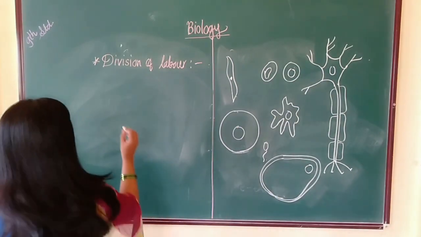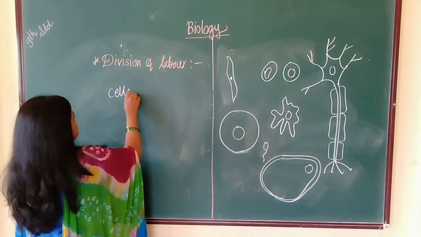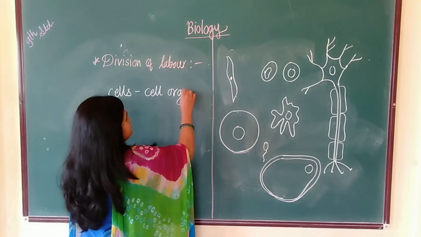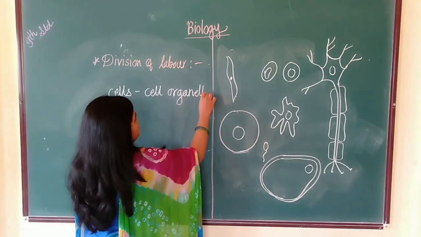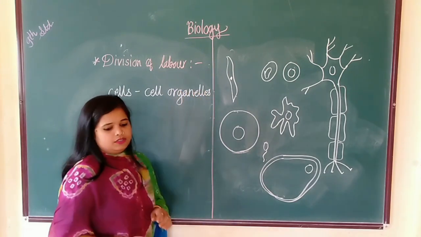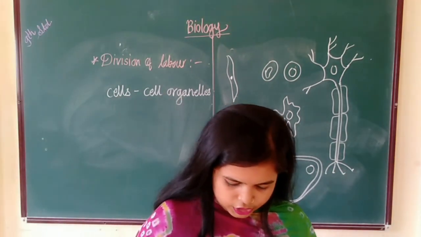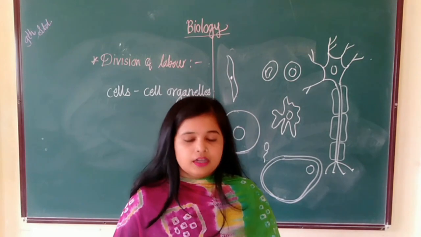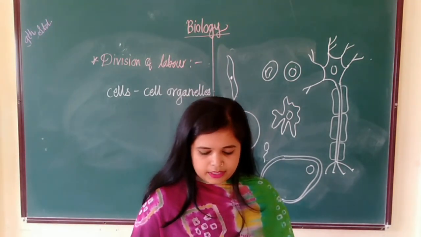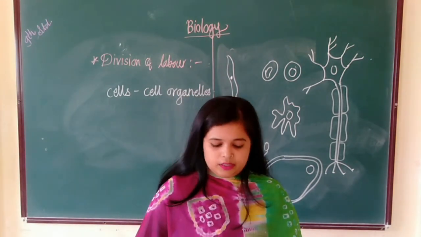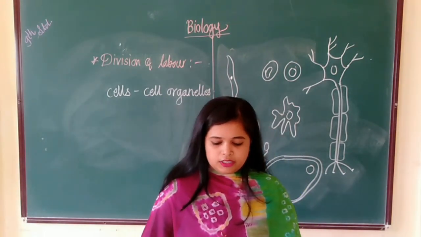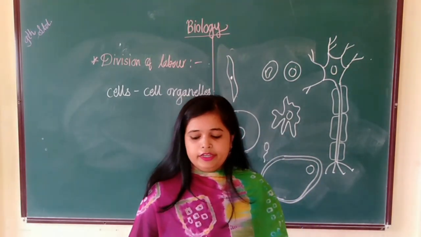All the cells have cell organelles, and these cell organelles are specialized in performing particular functions. Functions such as making new material in the cell, clearing up of the waste materials from the cell, and so on. The cell is able to live and perform all its functions because of these organelles.